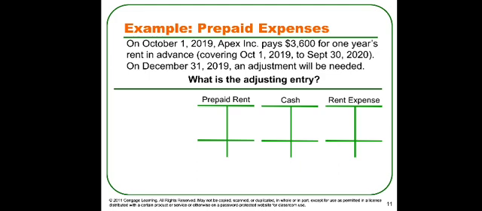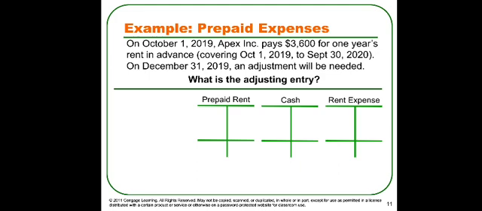If your business pays on the 1st of October for 1 year rental, the rental payment will cover from October 2019 to September 2020, 1 year. Okay, and then on the 31st of December 2019, you close your account. So the question is, what is the adjusting entry that you have to make?